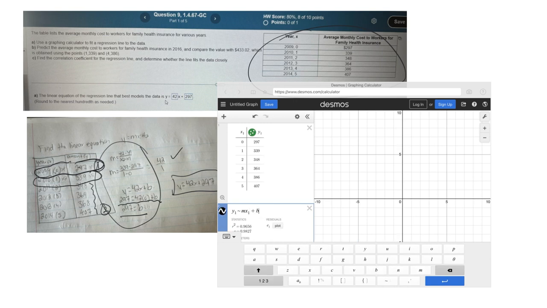There. And so down below here, it tells you, given all those points, so it doesn't just look at two of the points, it uses all the points to determine what the slope and the y-intercept are.